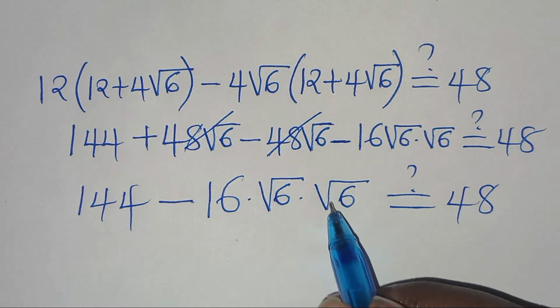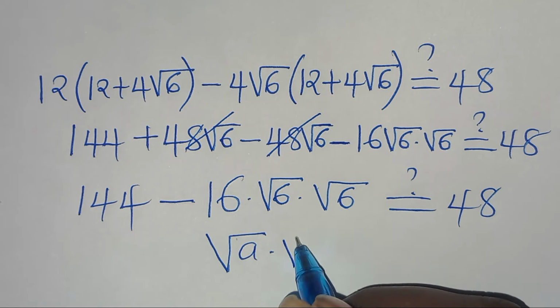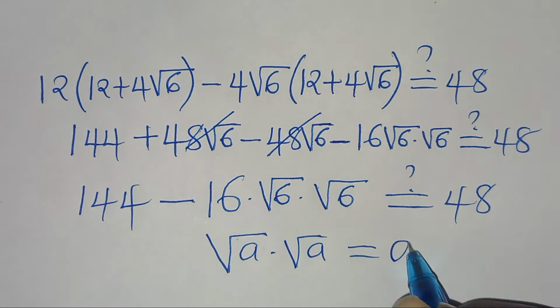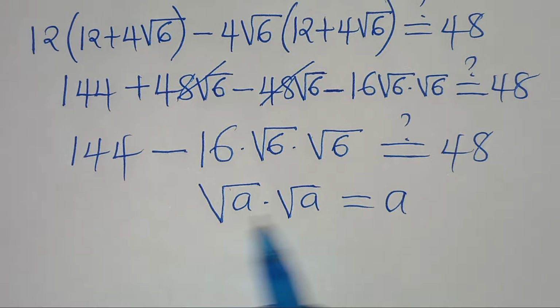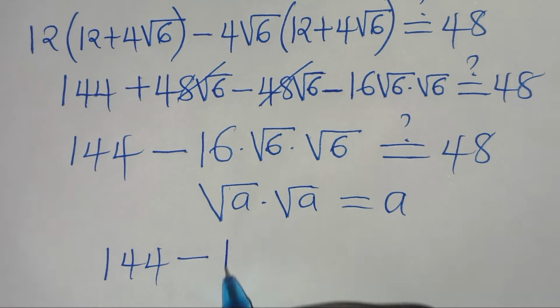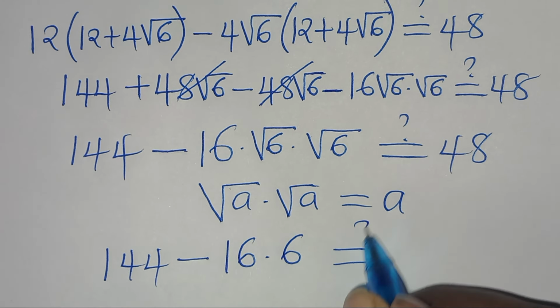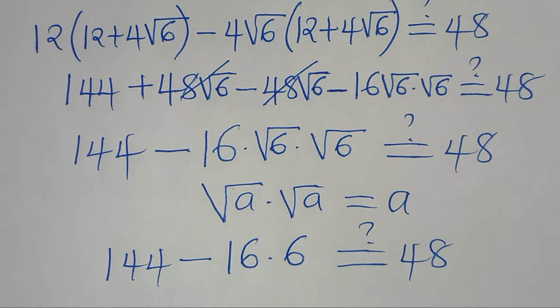So square root of 6 times square root of 6, this is in the form of square root of a times square root of a, and this is equal to a. Applying this property, then here we have 144 minus 16 times 6. This should give us a value of 48.